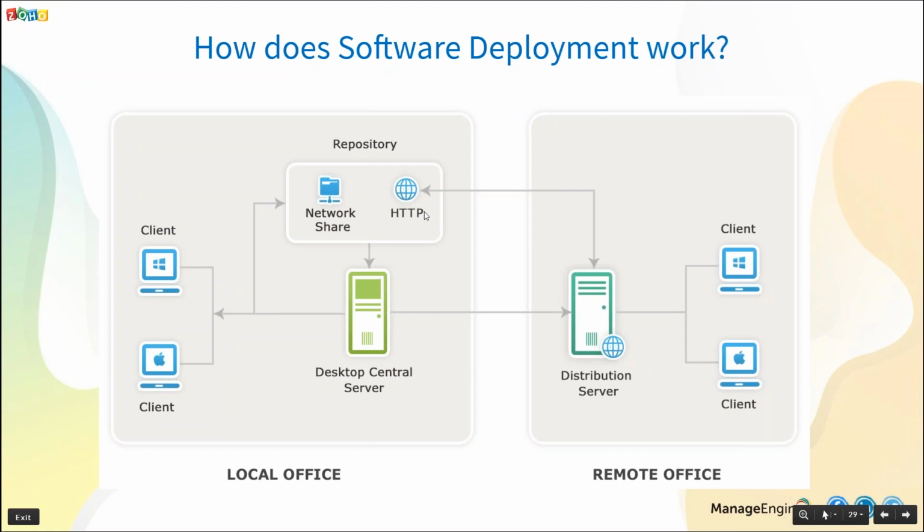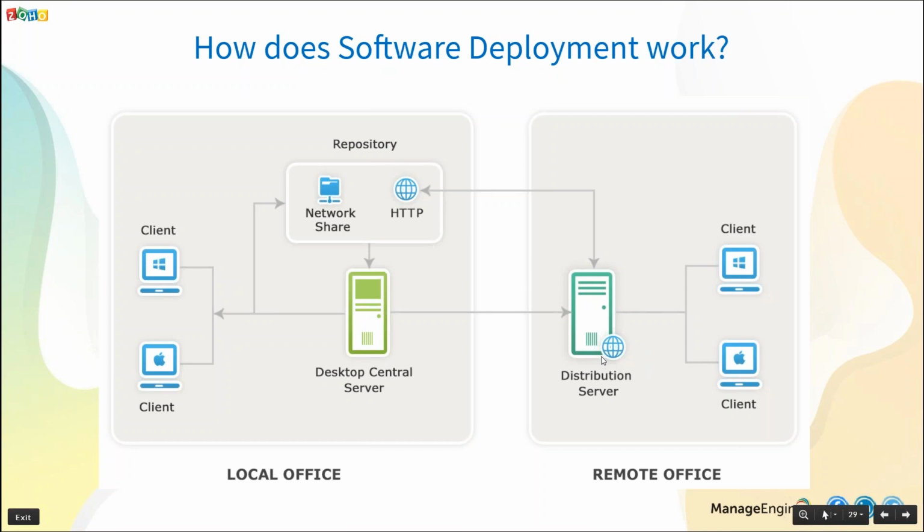The packages from the HTTP repository will be downloaded to the client computers on the LAN, and for wide area network, it will be downloaded to the distribution server, and the distribution server will distribute it to the respective clients.